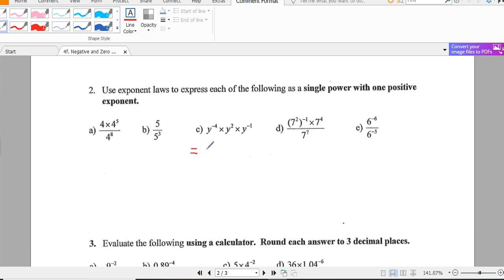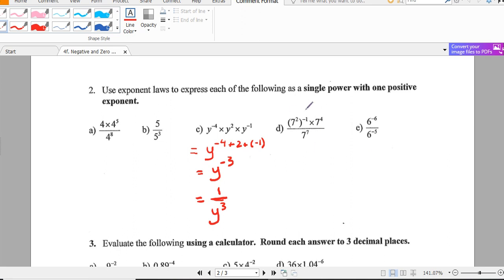So I can put this as y to the exponent of negative 4, since I'm multiplying them, plus 2 plus negative 1. Okay? And that will give me y to the exponent of negative 2 subtract 1. And my final answer would just be 1 divided by y to the exponent of positive 3.